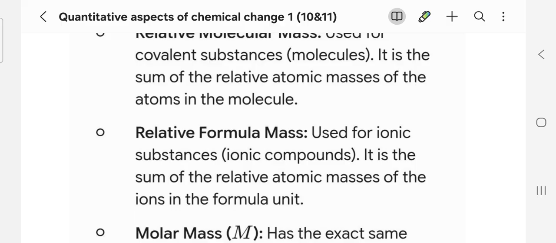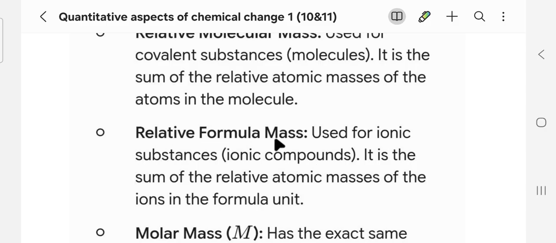When we talk of covalent substances, we're talking of substances which are sharing electrons, and that sharing of electrons is taking place between non-metals, and that has to do with relative molecular mass. But when we talk of relative formula mass, we are now talking of a situation whereby we have substances which happen to be a metal and a non-metal, and there's a transfer of electrons. Okay, and that means we form ionic compounds.